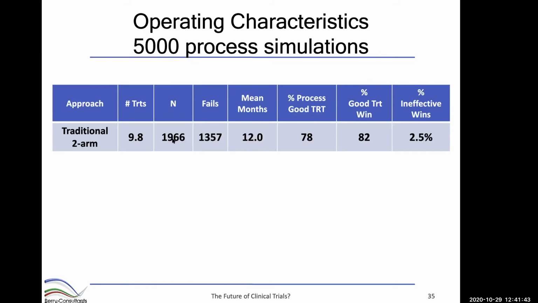So 1,966, these are simulations that have some simulation error attached. Remember, 10% of the agents work, so we really need to look at, on average, about 10 of them before we actually find one. We might get lucky, we might not get lucky, so it could be higher or lower. But on average, about 1,966 patients, 2,000-ish.